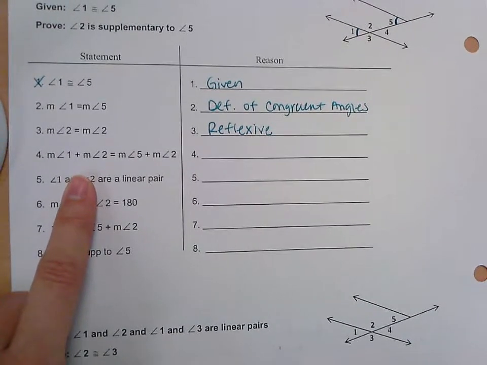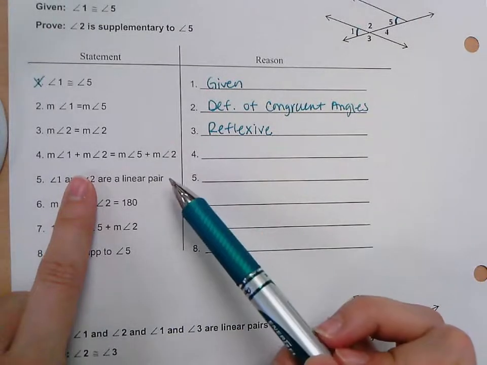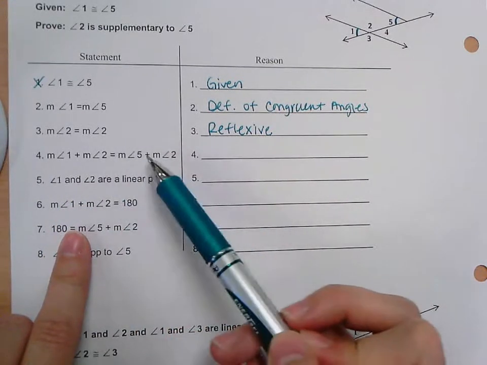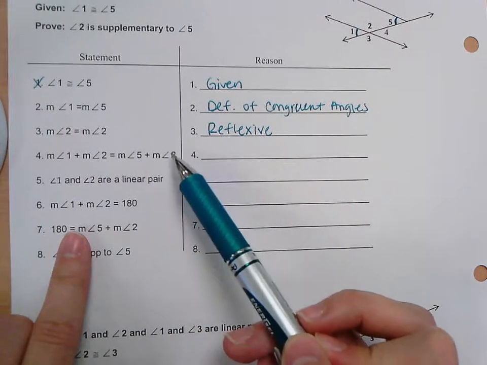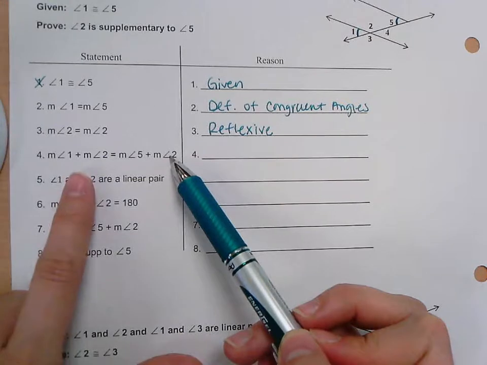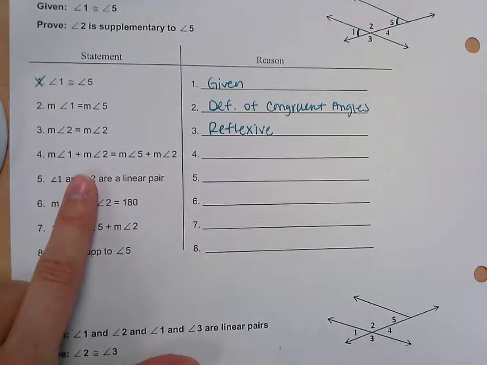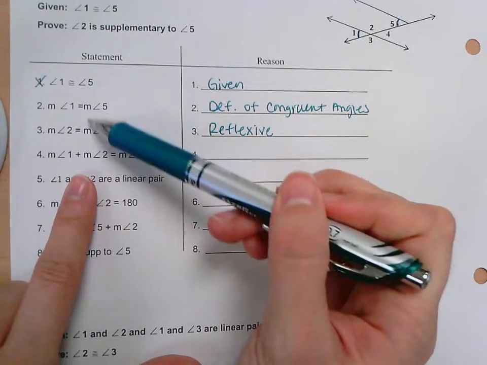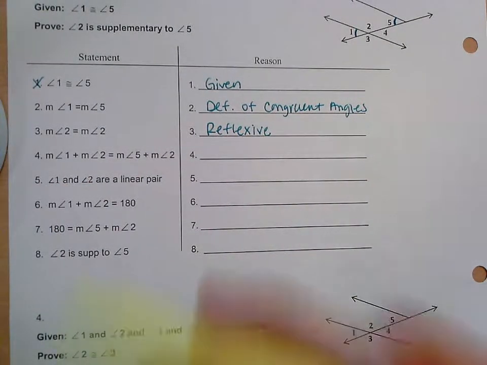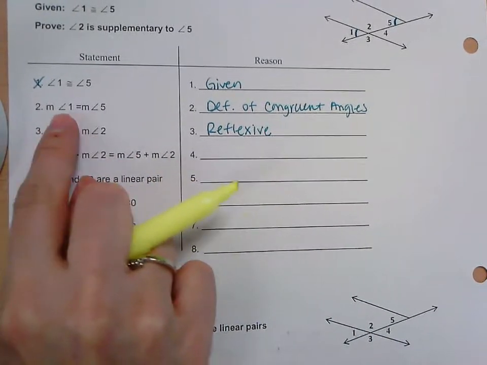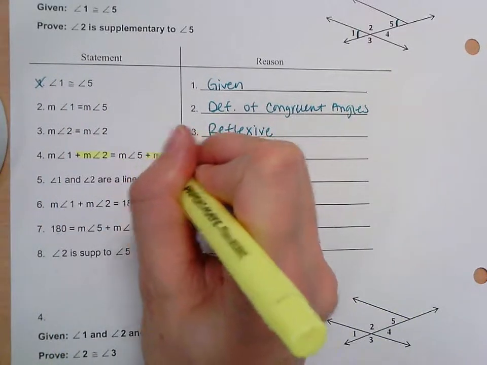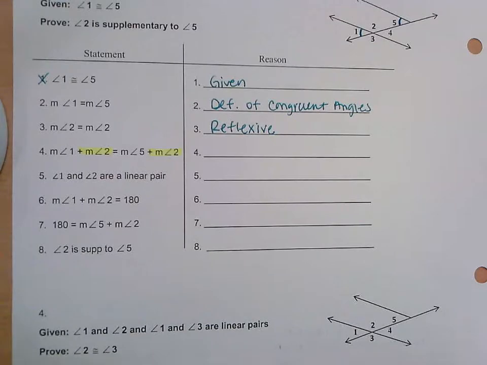Now line 4 says measure of angle 1 plus the measure of angle 2 equals the measure of angle 5 plus the measure of angle 2. Yes, it is basically combining these two lines a little bit. But all that's happening is you're taking the equation in number 2 and you're adding the measure of angle 2 to both sides.